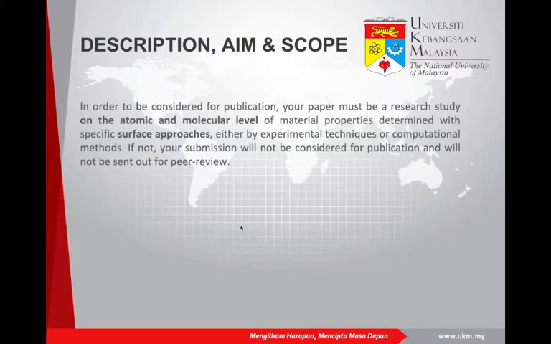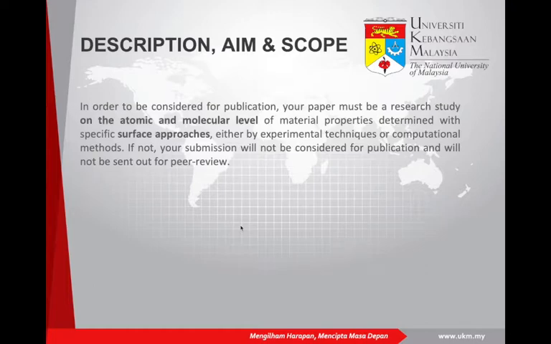All right, so why is it important for you to check on the audience, the aims, and the scope for the journal that you're trying to submit? It is because you want it to be considered for publication. For example, in this Applied Surface Science journal, it says that your paper must be a research study on the atomic and molecular level.